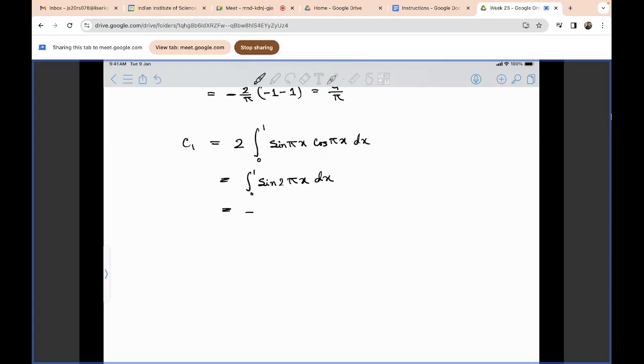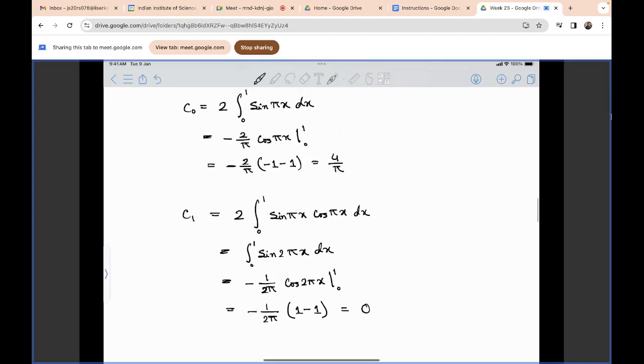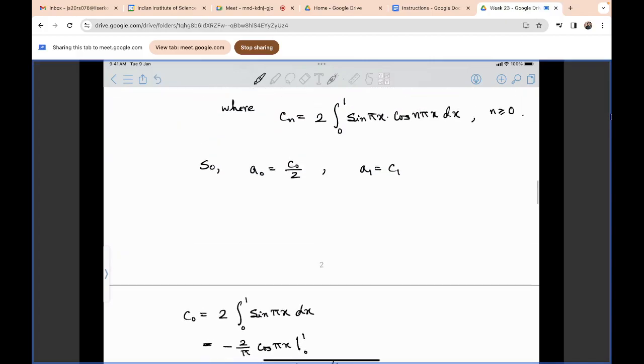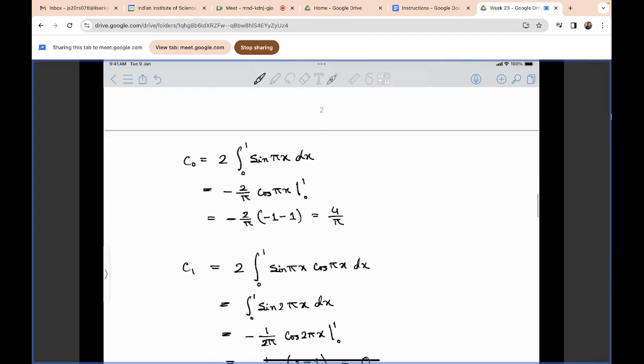Now if you integrate, you will get minus 1 by 2 pi cos 2 pi x from 0 to 1. So minus 1 by 2 pi, cos 2 pi is 1, minus cos 0 is 1. Therefore this becomes 0. So c1 is 0, c0 is 4 by pi, and a0 is c0 by 2, a1 is c1.